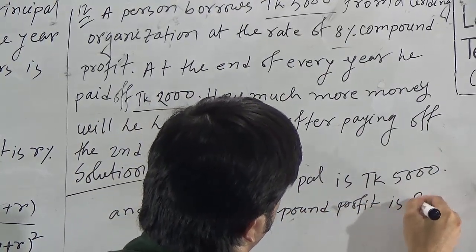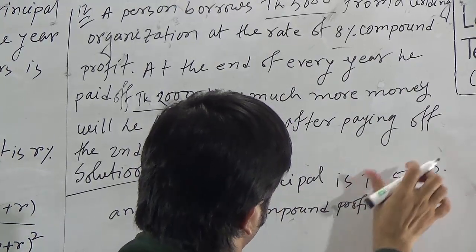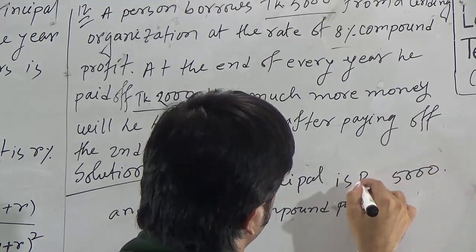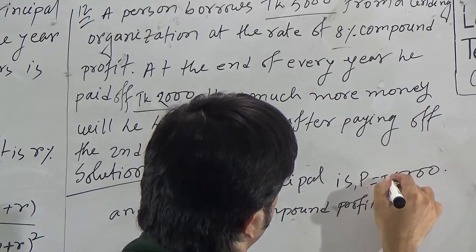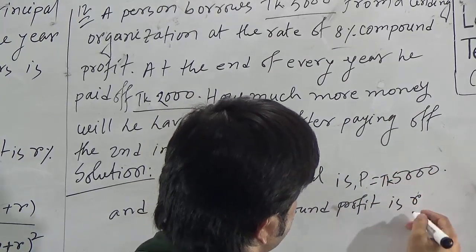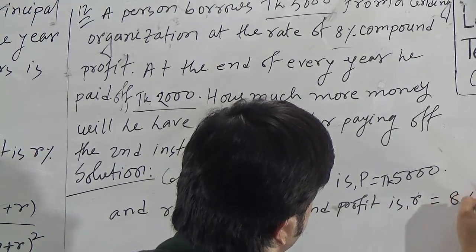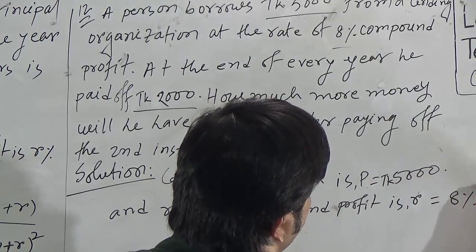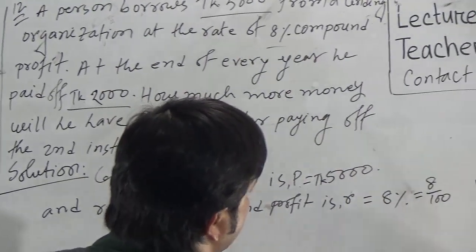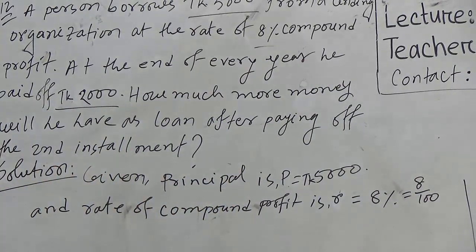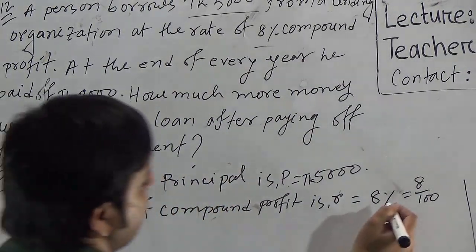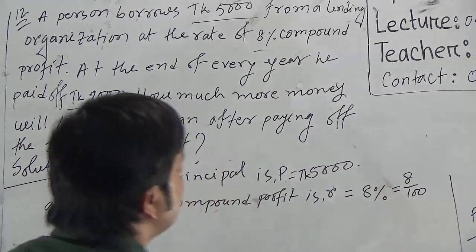We can express this as P and we can express this as R. 8% means 8 by 100.